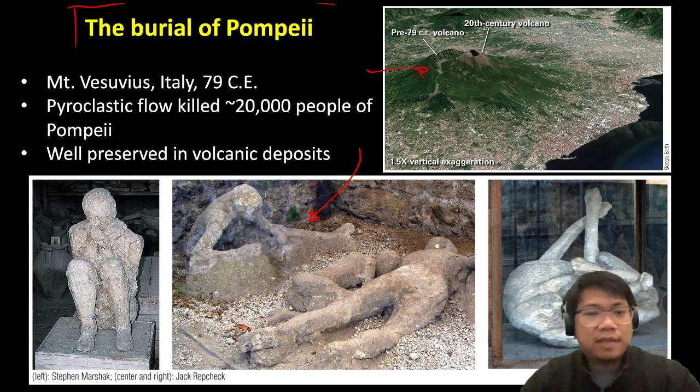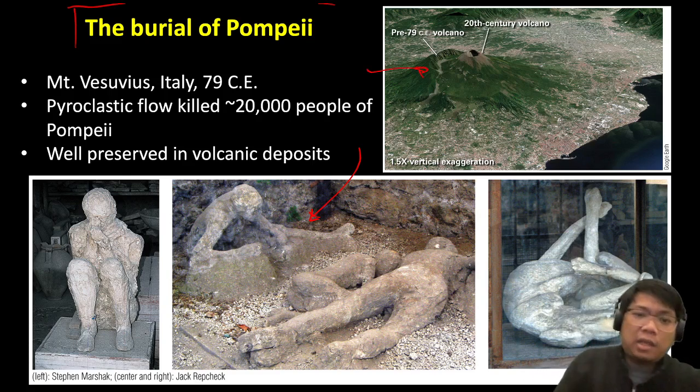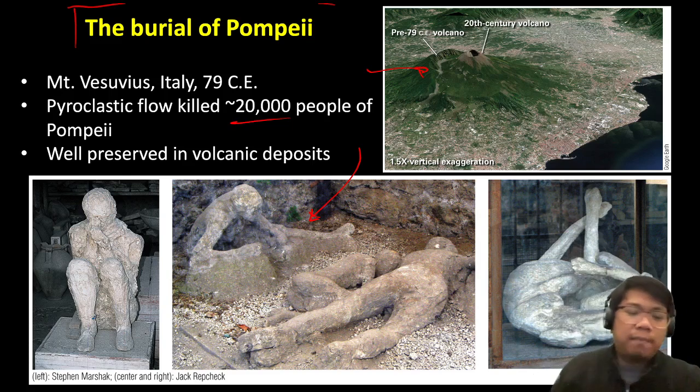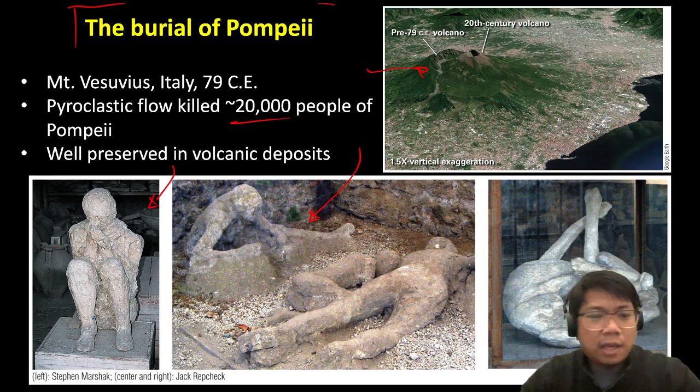It erupted about 79 CE, and it produced a major pyroclastic flow that killed almost up to 20,000 people of Pompeii. Because it happened very fast, and I believe it happened at night when people were mostly asleep, there were lots of casualties associated with this volcanic eruption, and the huge amount of pyroclastic flow preserved most of the people of Pompeii in volcanic deposits.